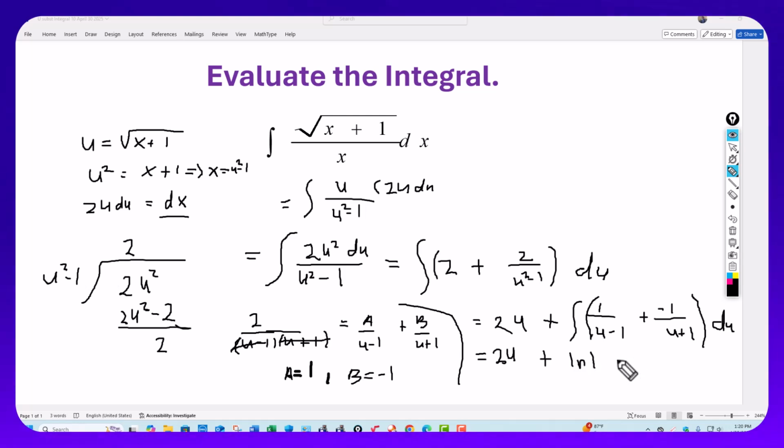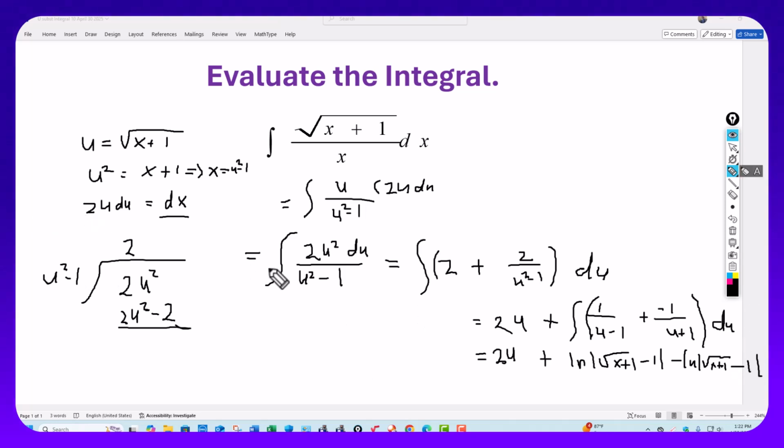But remember, u is the square root of x plus 1. So I have a minus 1 here. And then it's, again, got a minus there, so this will be minus ln of the square root of x plus 1 minus 1, plus the constant of integration.